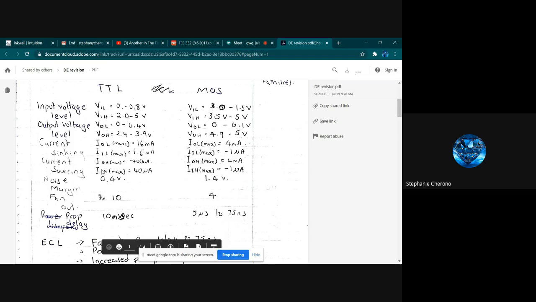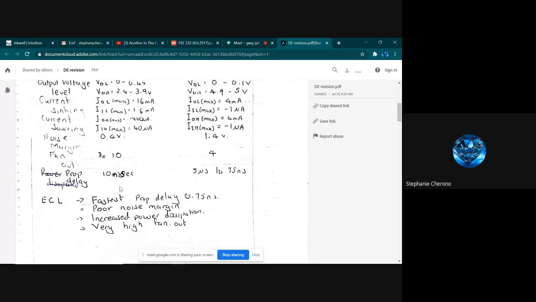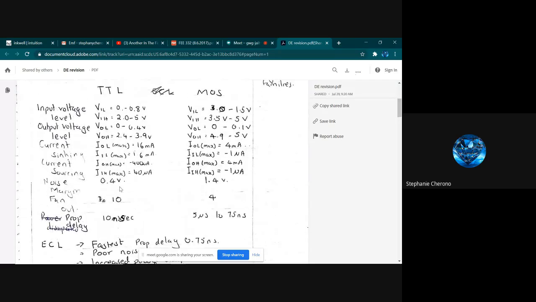So in comparison, first thing to note is TTL has a lower noise margin compared to MOS. The noise margin in ECL is not included, but you can do the comparison on noise margin for TTL and MOS.